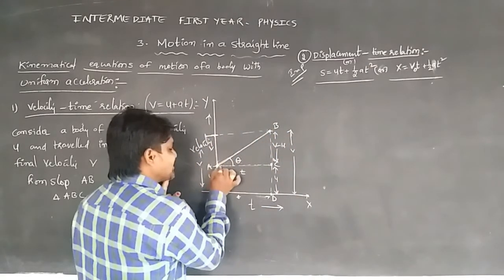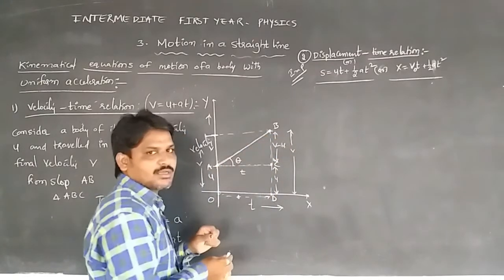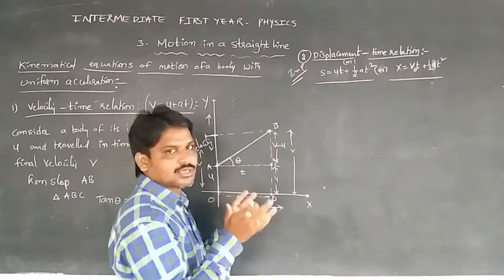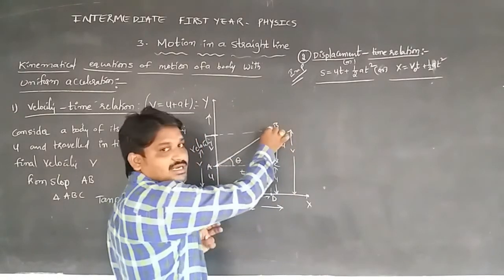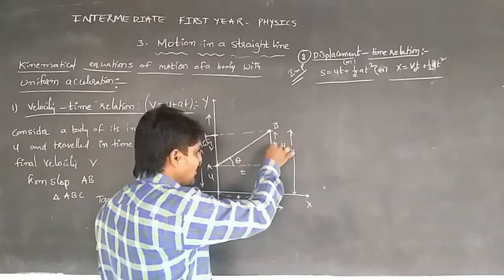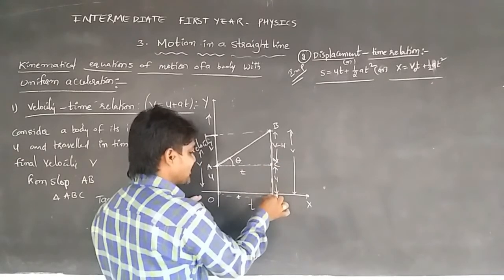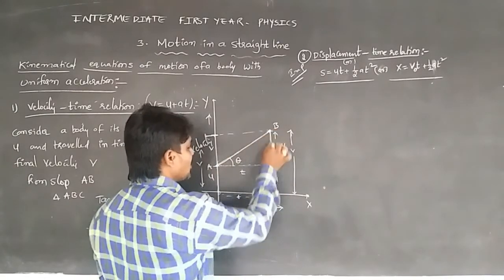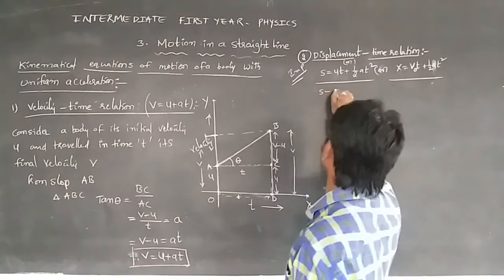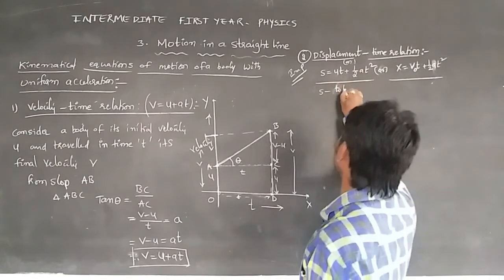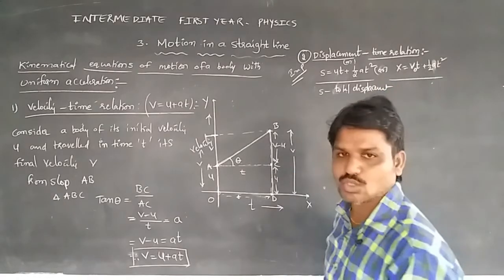When the body has travelled for t seconds, the body reaches the point B. The total displacement of the body is under the AB tangent line, measured from the x-axis. Let S be the total displacement.